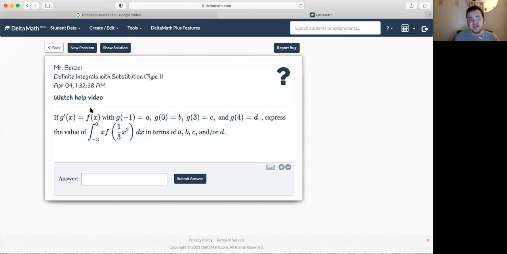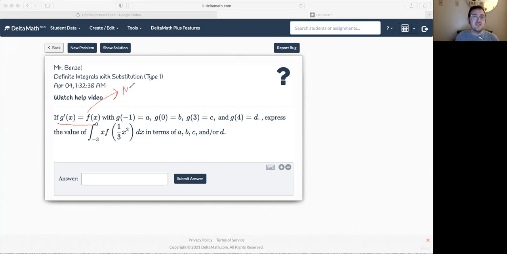All right. So what this is saying here is that g is the integral or the antiderivative of f of x. And they just do that notationally speaking.